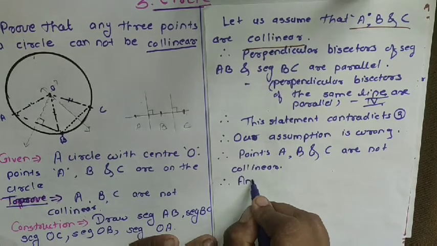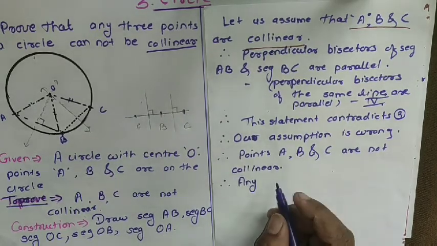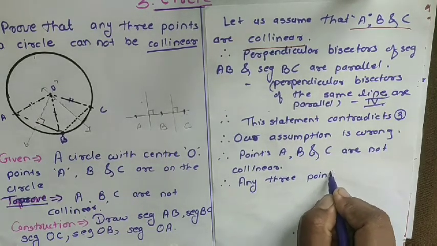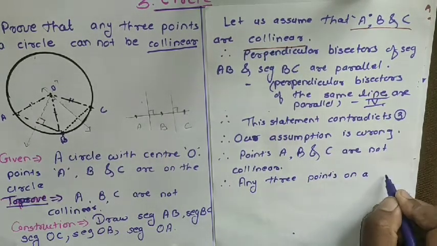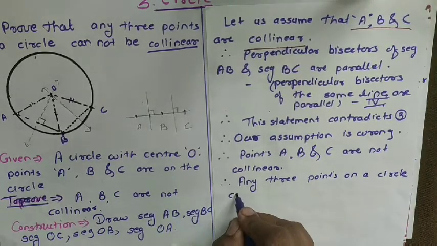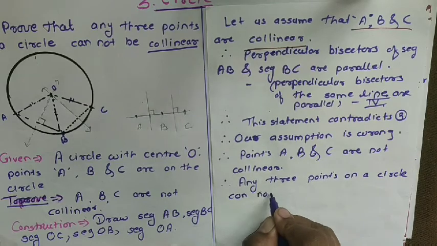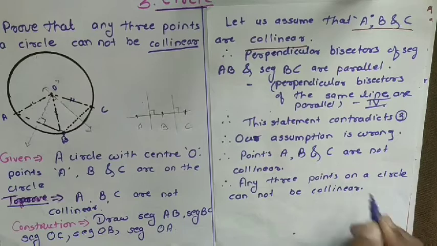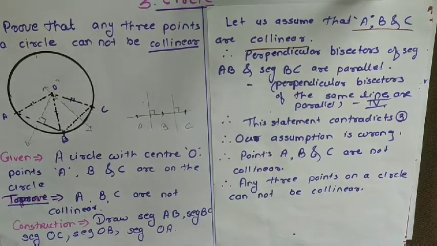Therefore, any 3 points on a circle cannot be collinear. Okay, you can prove it in that way.